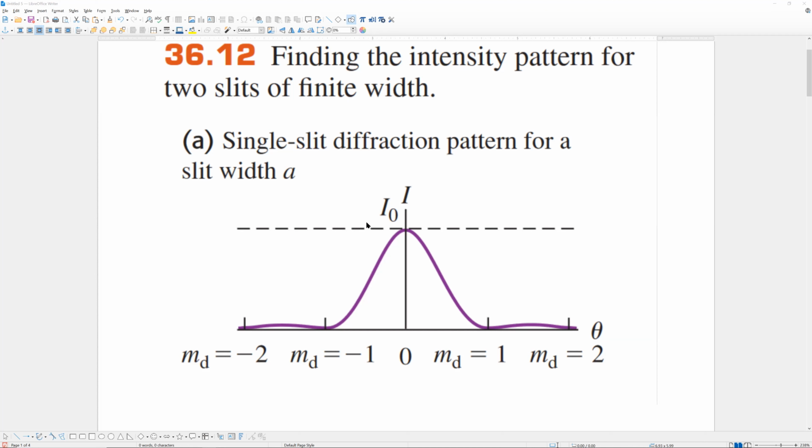The picture you're looking at here shows the intensity for a single slit diffraction pattern, and this would be for a slit of width A.